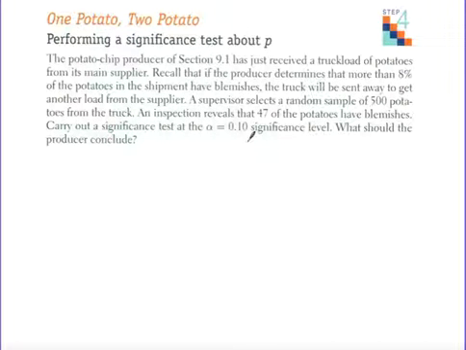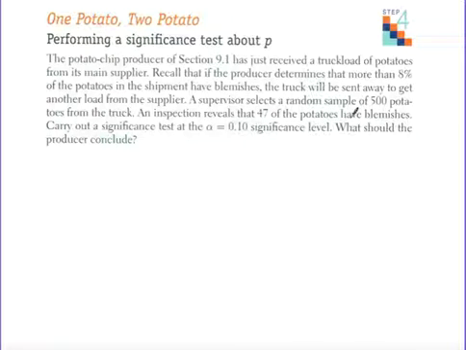An example that we've sort of talked about already, back in Section 9.1, but now we're going to apply the new things that we've learned so far to that example. The chip producer of Section 9.1 has just received a truckload of potatoes from its main supplier. Recall that if the producer determines that more than 8% of the potatoes in the shipment have blemishes, the truck will be sent away to get another load from their supplier.